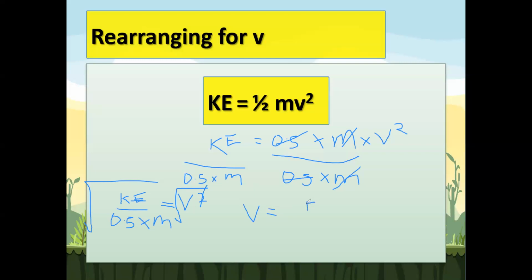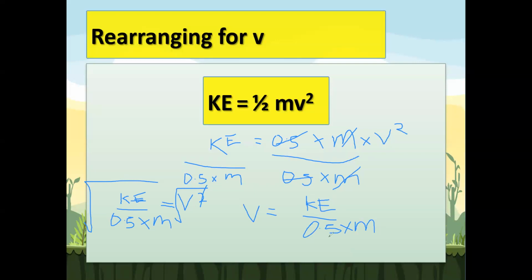the square root of KE over 0.5 times M. Remember, there's 1 here, we don't bring it.